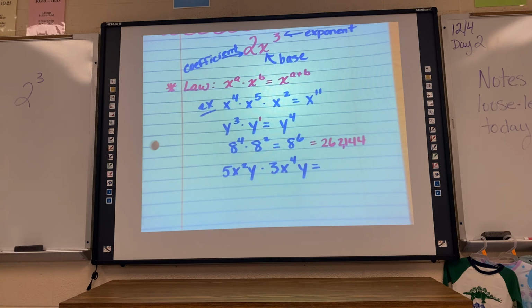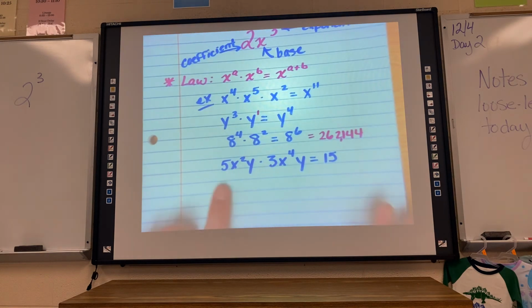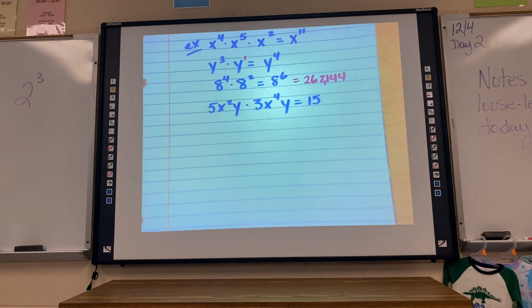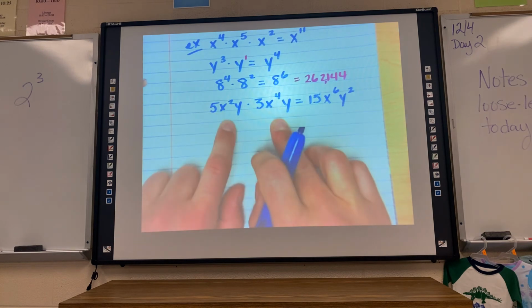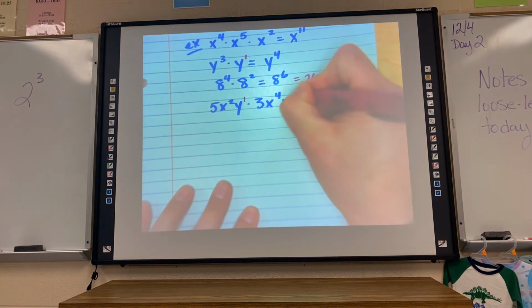So 5 times 3, I can start right there, is 15. And now I have 2 different bases here. I have an x and I have a y. So I have x squared and x to the 4th. Is it x to the 6th and y squared? Yeah. So 2 plus 4 is 6, and then y to the 1, let's not forget that, 1 and 1 is 2.